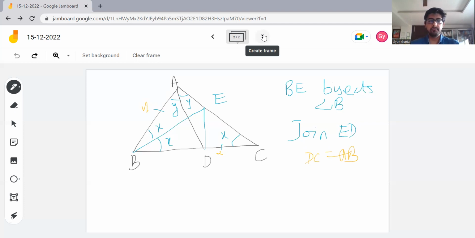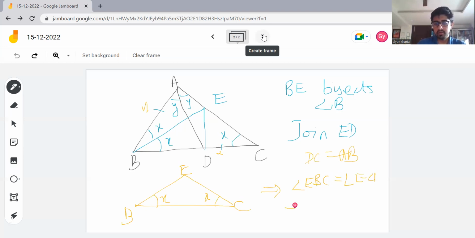and I join DE. Now, let's pay special attention to triangle EBC. This is X and this is X. Hence, angle EBC is equal to angle ECB.